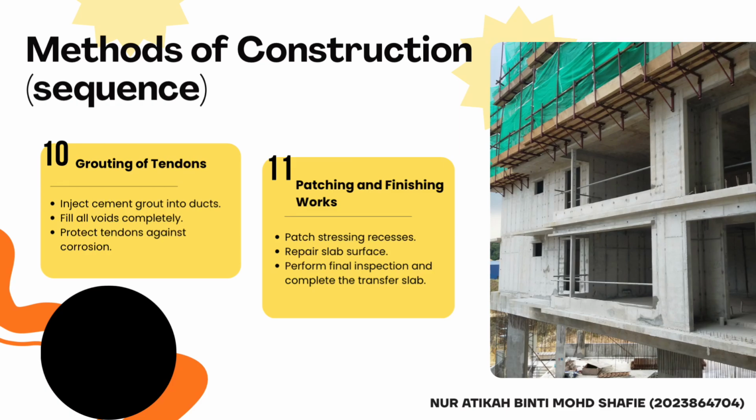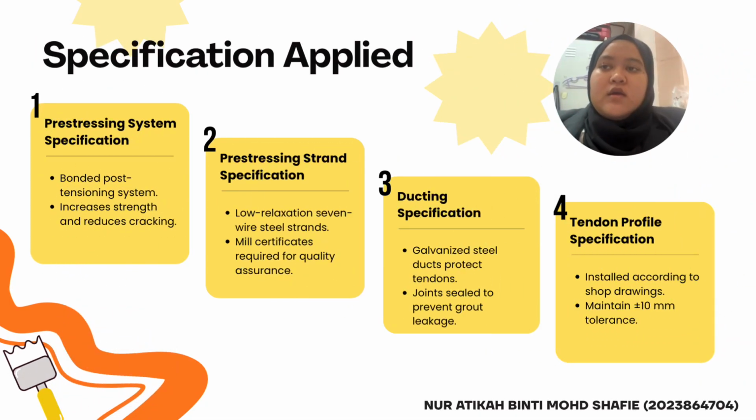Perform final inspection and complete the transfer slab. Okay, we move to another slide, the specifications applied. We have 8 specifications applied. For number one is the prestressing system, a bonded post-tensioning system, to increase strength and reduce cracking.